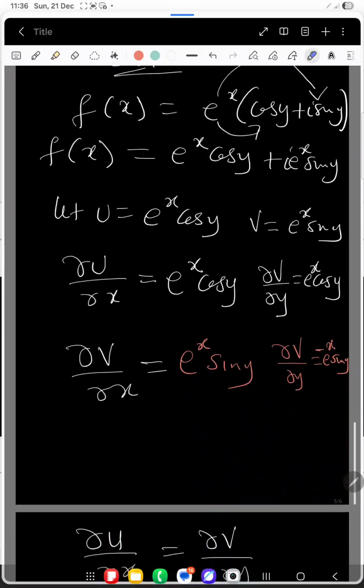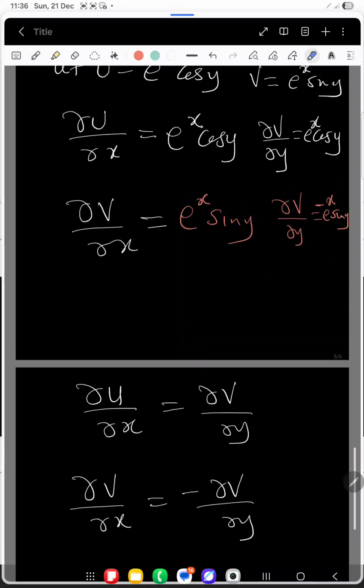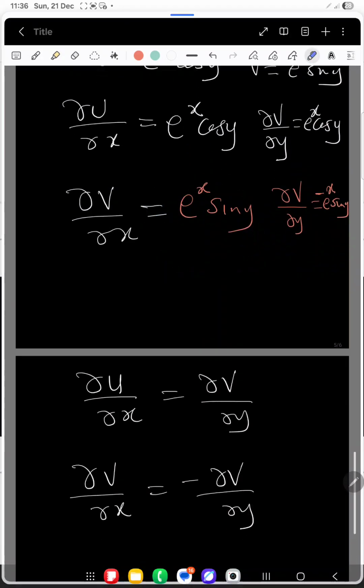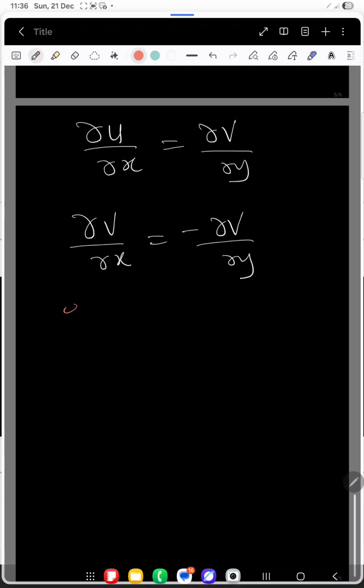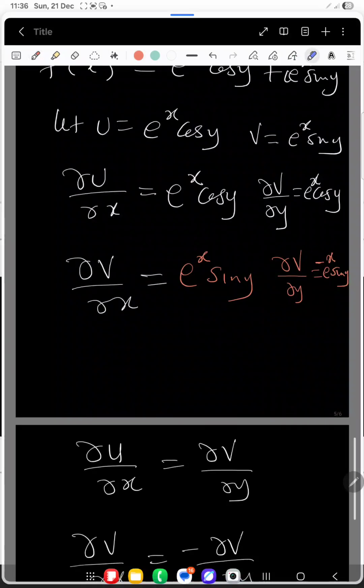So we are going to say that our ∂v/∂x should be equal to negative ∂v/∂y. So let's check, what is ∂v/∂x? ∂v/∂x that we've gotten is this one here, which is e to power x sine y. So you write it e to power x sine y. Is it the same as negative outside with ∂v/∂y? What is ∂v/∂y? ∂v/∂y is this one, which is negative e to power x sine y.